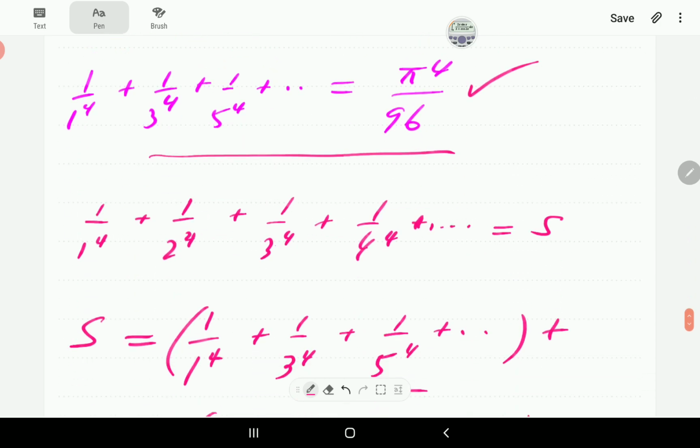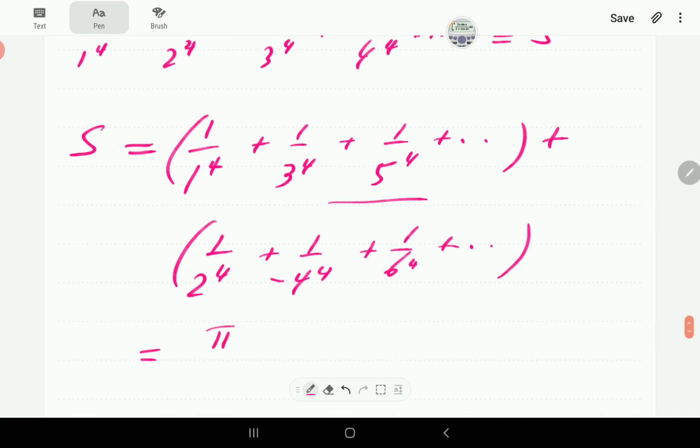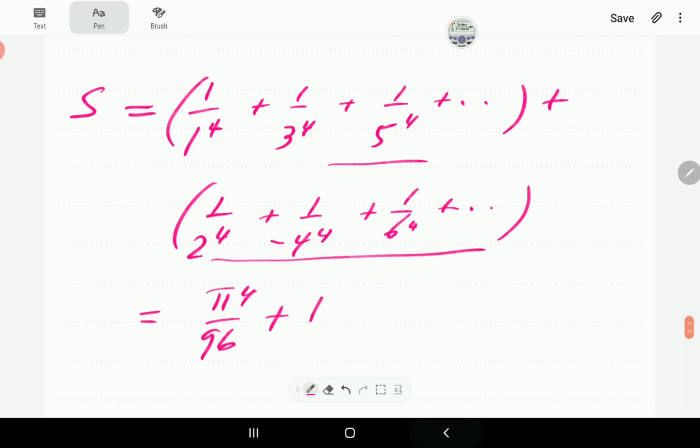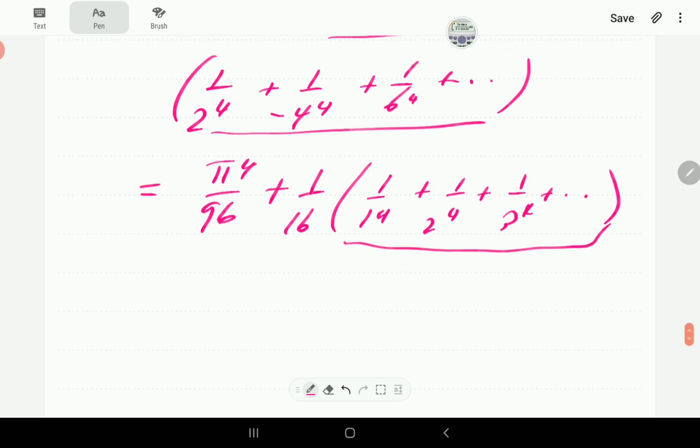So we can plug in pi to the power 4 over 96 there. Then this one has a common factor of 1 over 2 to the power 4. So it's 1 over 16. If you factor that out, then this is 1 over 1 to the power 4, 2 to the power 4, 3 to the power 4, etc. But this is just S.